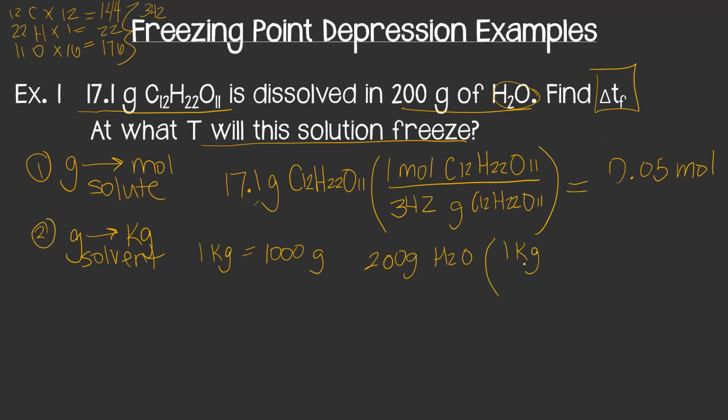So 1 is going to go on the top, and the 1,000 goes on the bottom, just for my conversion factor. So doing that, I get 0.2 kilograms of water. And I don't necessarily care if you show all this work, but I do need to see the numbers you're using, and especially the molar mass, so I know where you went wrong if there's something wrong.